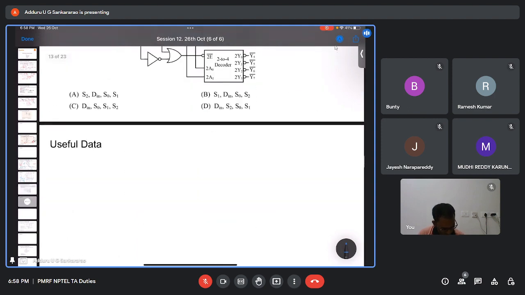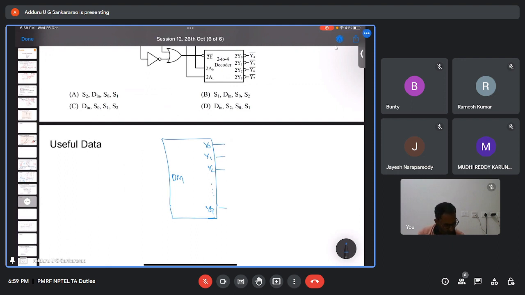1 to 8 demultiplexer means one input, the data input, will be there, and many outputs will be there, Y0, Y1, Y2 up to Y7. Any one of the outputs will be active based on the input.